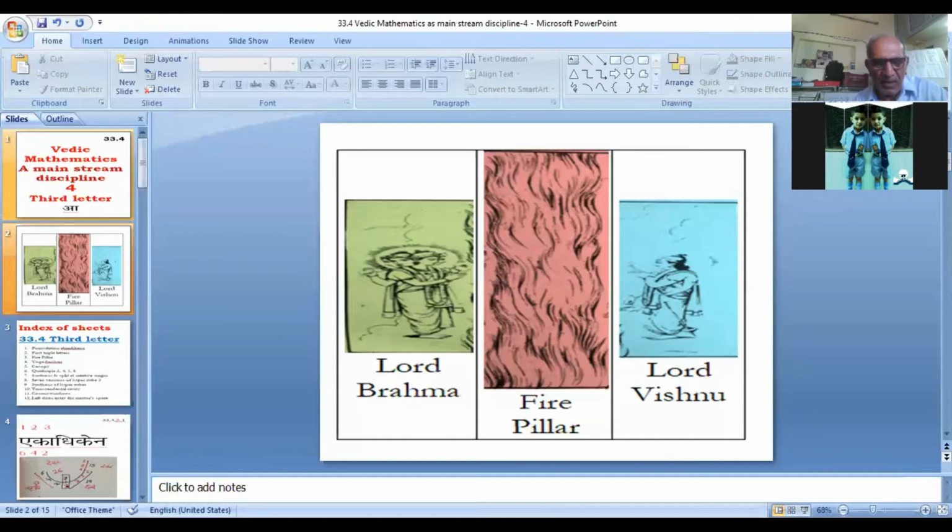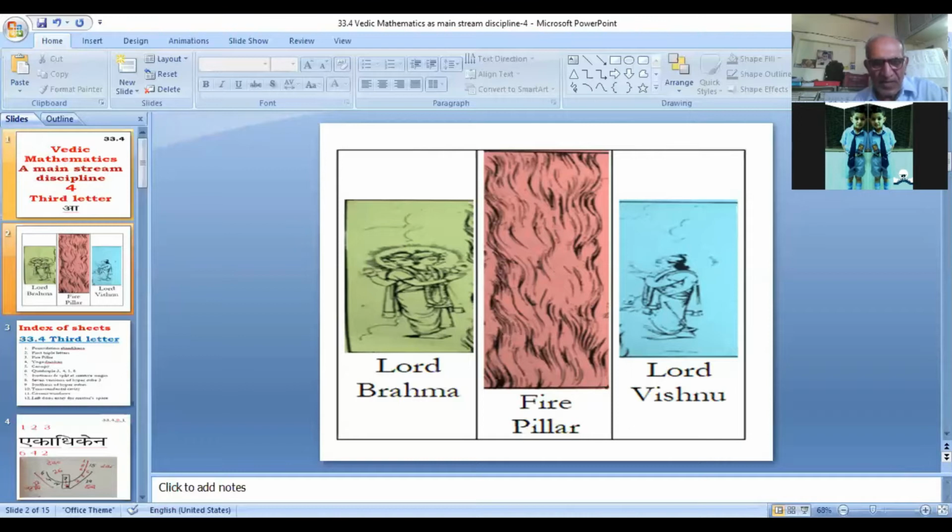Lord Brahma is a four-headed Lord. Lord Brahma is the presiding deity of the creator's space, 4 space. 4 space is of a spatial order. Lord Vishnu is the presiding deity of self-referral domain, 6 space of creative dimensional order.